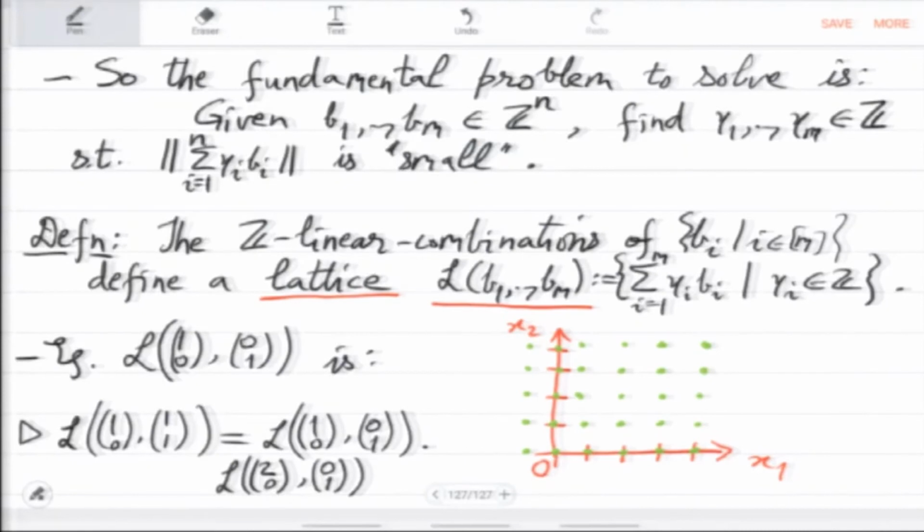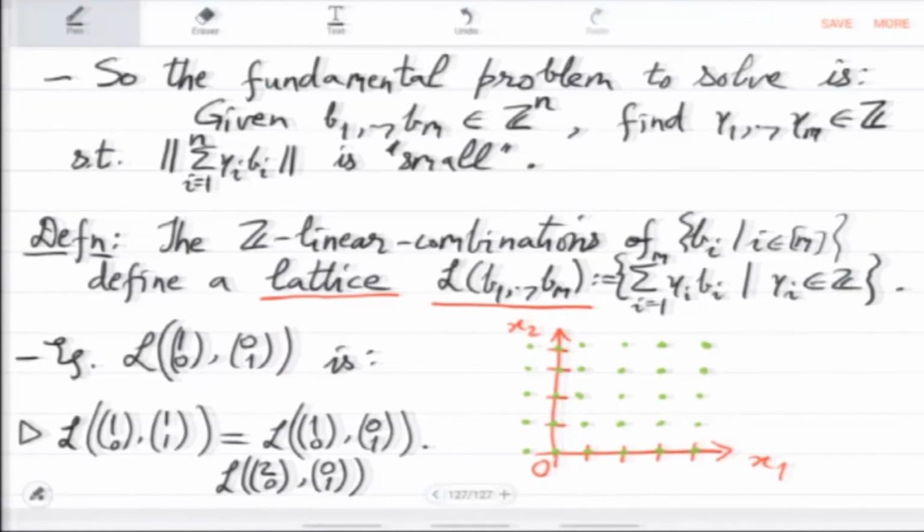No, it is not the same as before, because you have actually doubled one basis vector, and that makes this lattice coarser. In set notation, this is a sublattice. So if you scale up a basis, then you will get a lattice which is coarser.